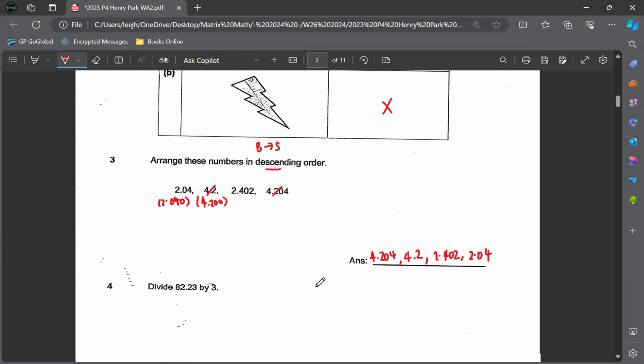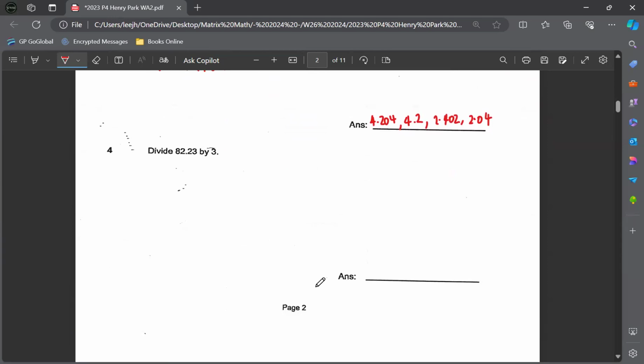I overlooked something. Okay, question 4. Divide 82.23 by 3. So this one you do your long division. Okay, so 8 divided by 3 is 2, minus 6, 2. 22 divided by 3 is 7. Minus 21, 1. Bring down the 2.